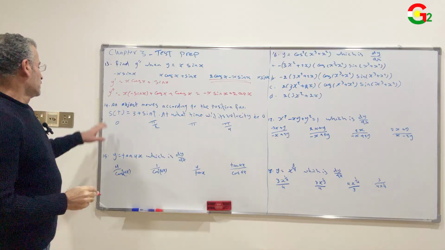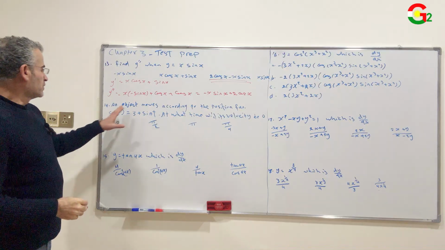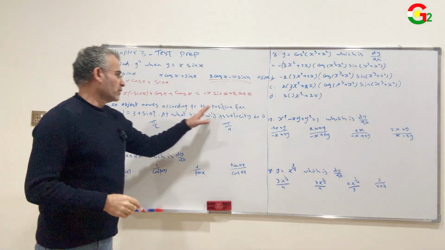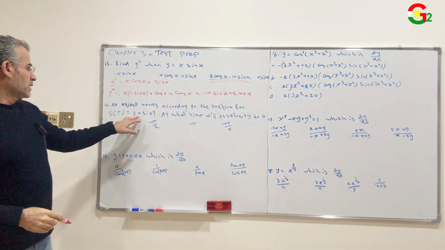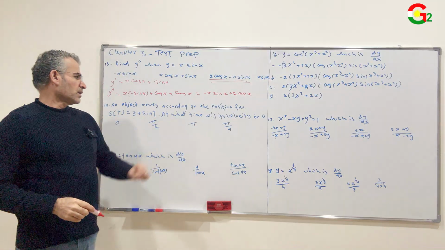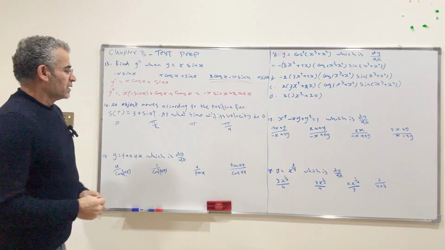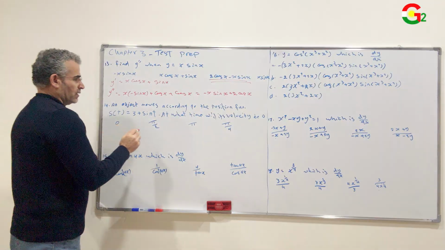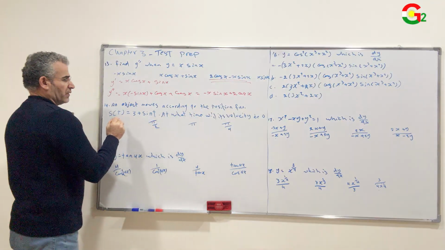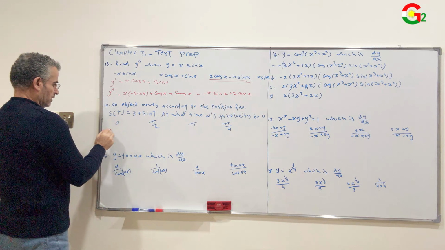C. Question number 14. An object moves according to the position function 3 plus sine t. At what time will its velocity be 0? When the velocity function equal to 0, find it.